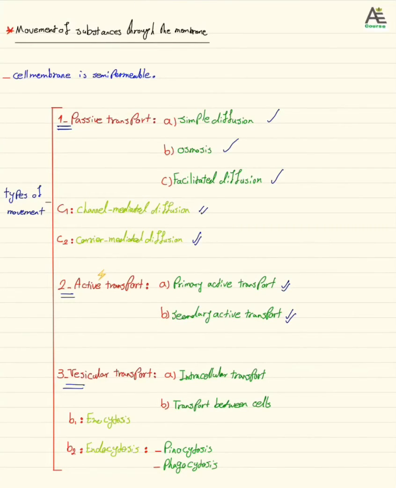Vesicular transport can be either intracellular transport or transport between the cells. Transport between cells can be exocytosis or endocytosis, and endocytosis can be pinocytosis or phagocytosis. Today, I want to talk about simple diffusion only, and in the next videos I will talk about all the others.